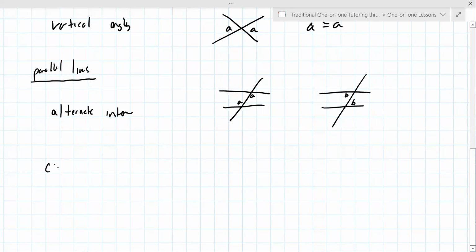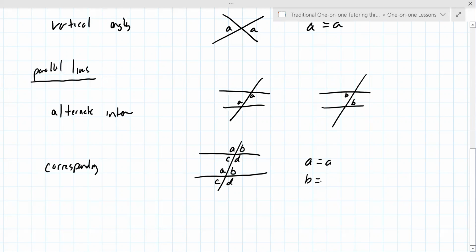Then there was corresponding. Corresponding had a few more options. It was like A corresponds to A, B corresponds to B, C corresponds to C, D corresponds to D. And these were always equal. A equals A, B equals B, C equals C, and D equals D. And for alternate interior, they were equal also.